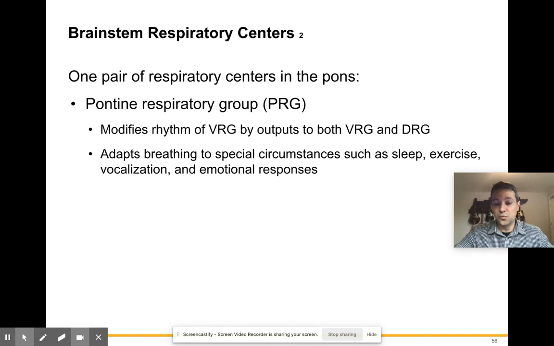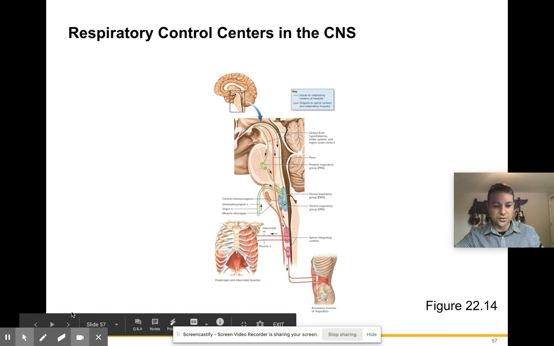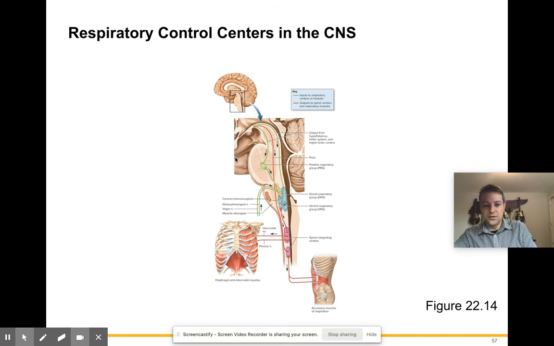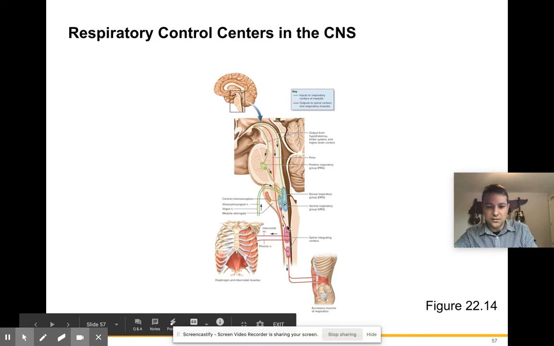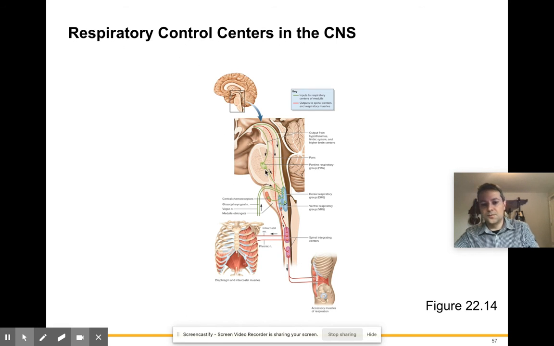Or even while you're singing, that's a type of vocalization. It's pretty interesting. Here is just a flow. You can see where the pons is in the brain and the medulla, and we can see how these areas flow into different spots of the body. You won't be asked to label this or anything like that.